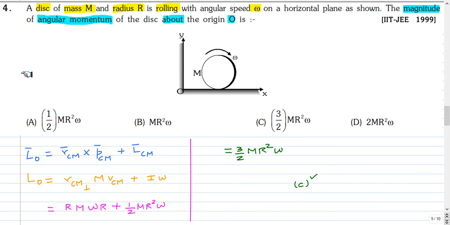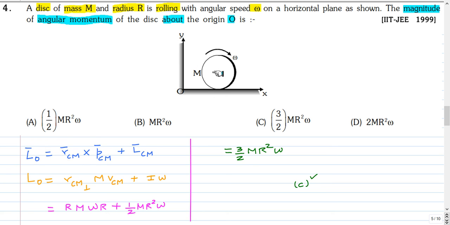So the angular momentum of a distributed body about any point is the angular momentum of the object about its center of mass plus the angular momentum of the center of mass about the point. So this is r cross p of the center of mass plus the angular momentum of the object about the center of mass. The center of mass will be at the center of the disk.